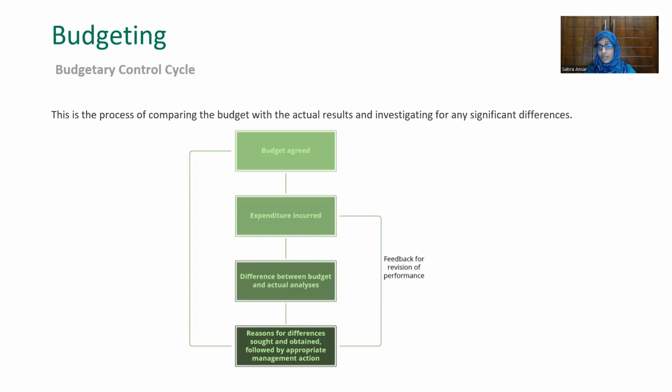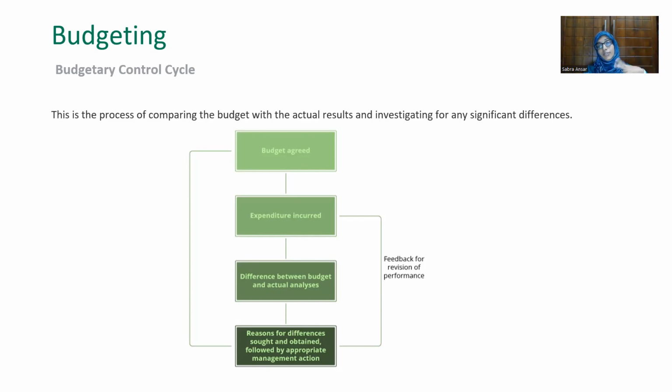The reasons for the differences are thought through, and this is followed by appropriate management action. So if the management feels some expenditures are mismanaged, that will be given as feedback for the particular section or department.